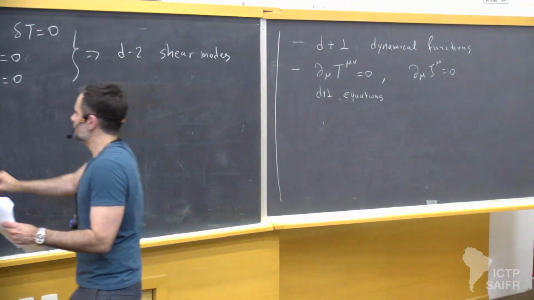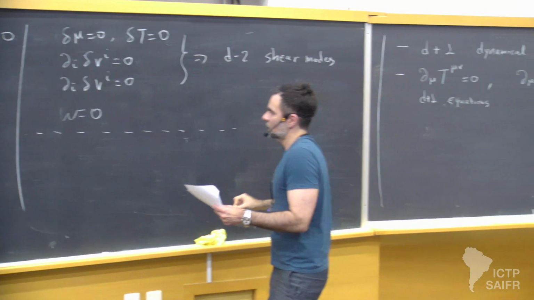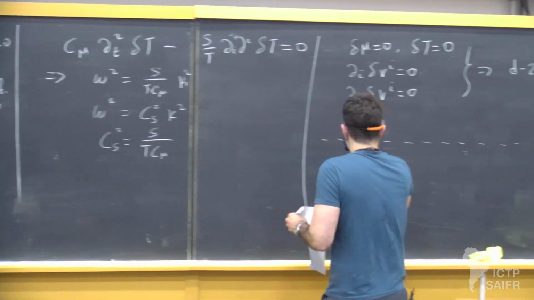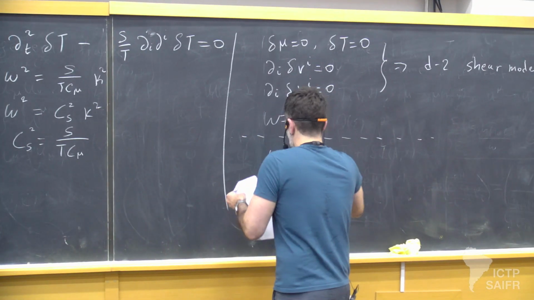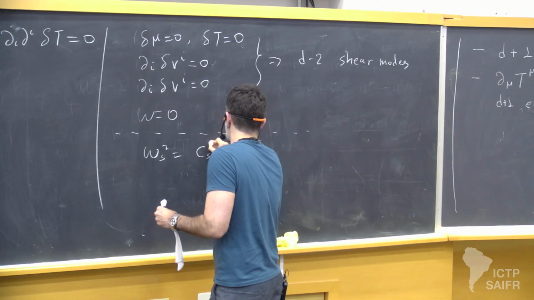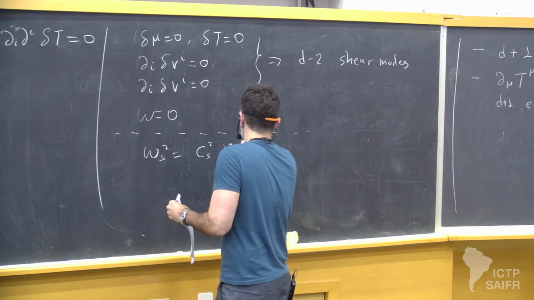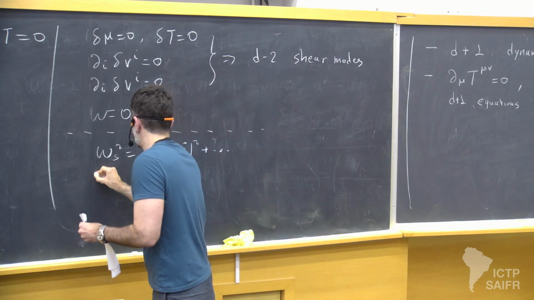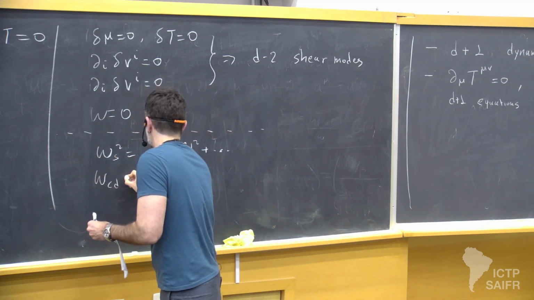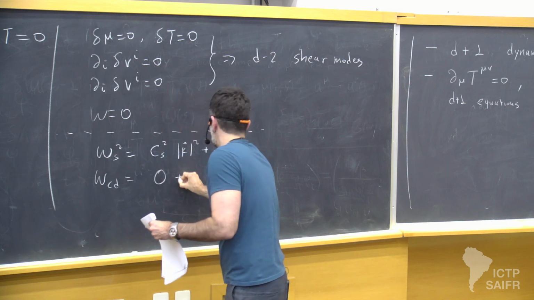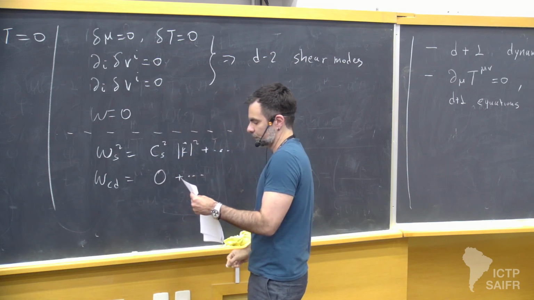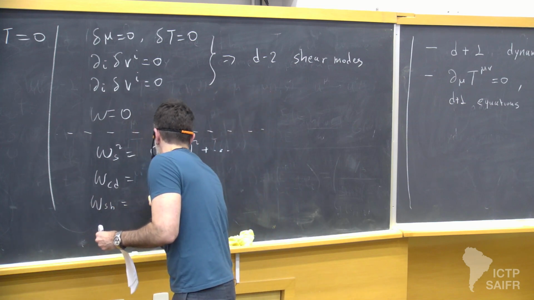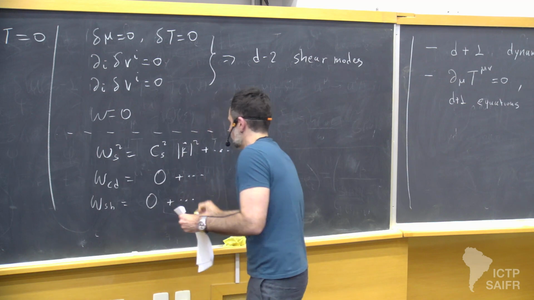So in total, what we have discovered is 3 kinds of modes. So the first mode is the sound mode, which looks something like this. The second one is the charge diffusion mode, which starts with a 0, and there will be corrections. And then there is the shear mode, which starts again with a 0, and there will be corrections.